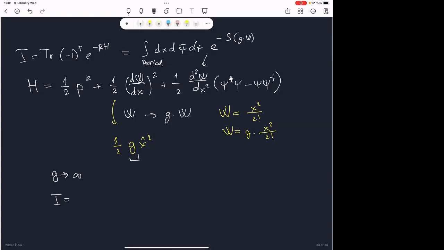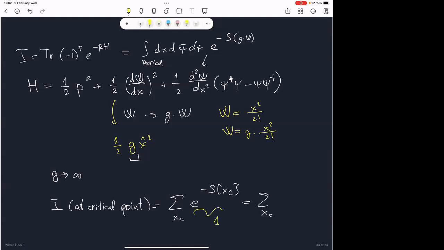So the index is the sum over x critical of e to the minus S at x critical, and this will give something like 1 or some constant, probably 1.